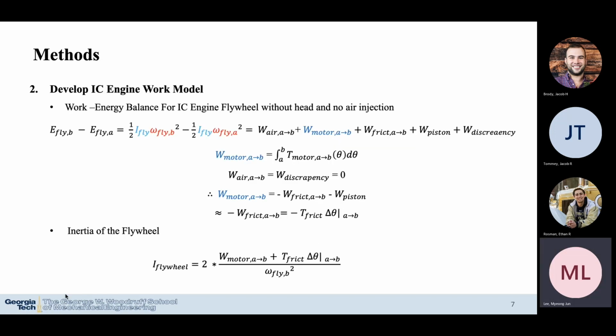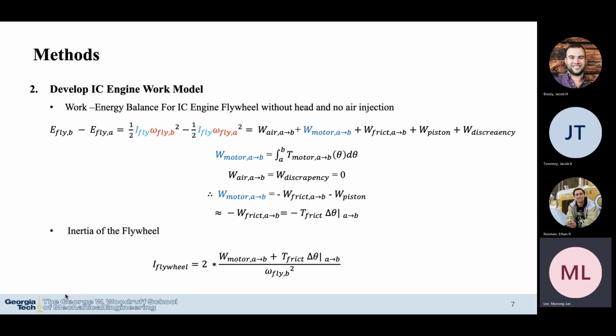First, the team had to develop the IC engine work model. On this model, 3 rounds of experiments are planned to characterize the work terms in the IC engine work model. In the first round, the head is not attached and the air is not injected either. Therefore, the work done by the air and the discrepancy work are negligible. Flywheel angular velocities A and B are determined by the result of the experiment.